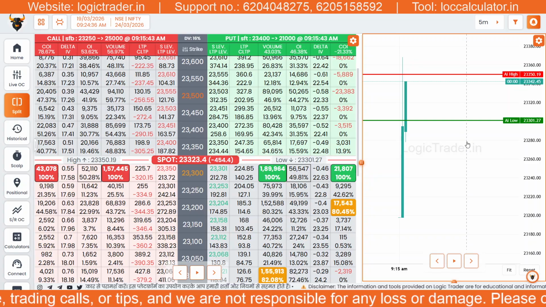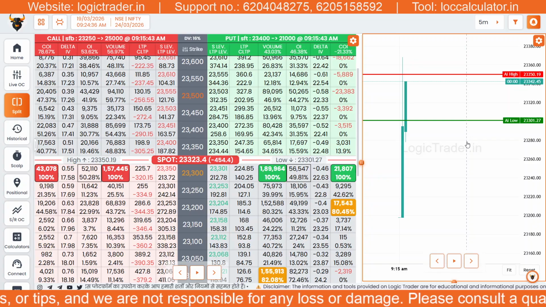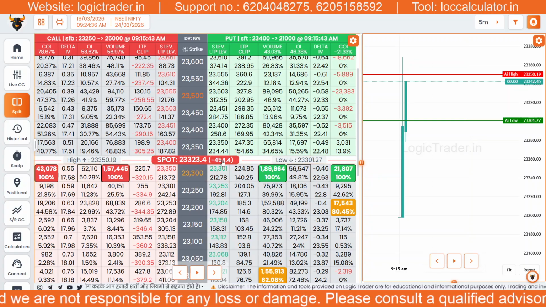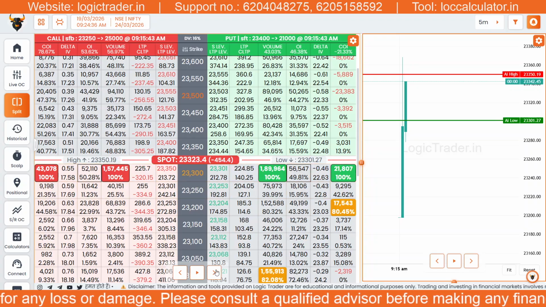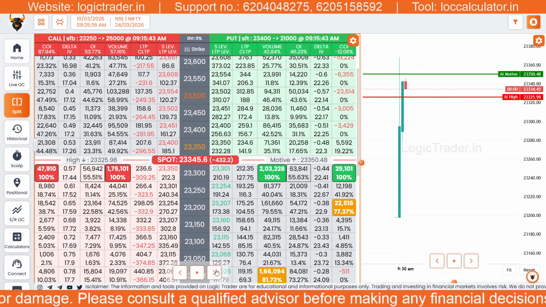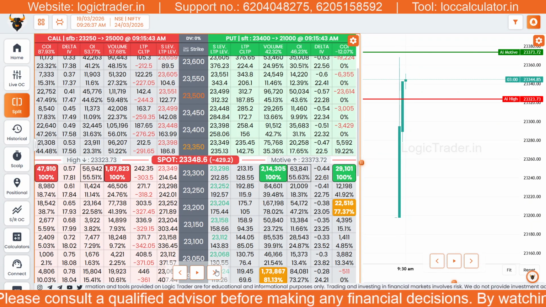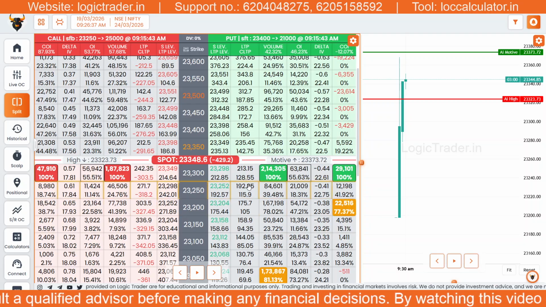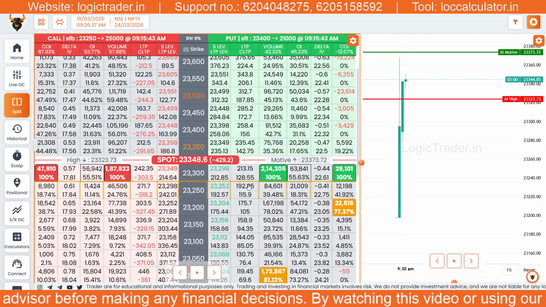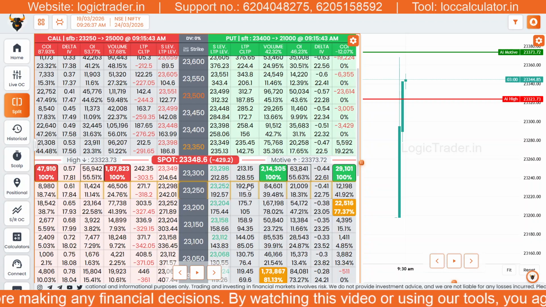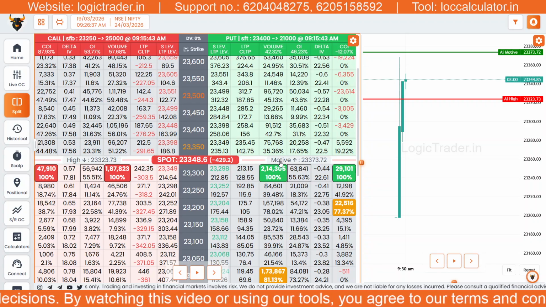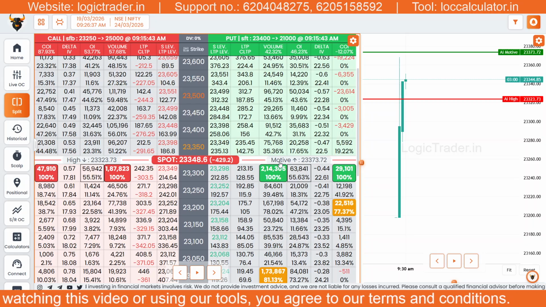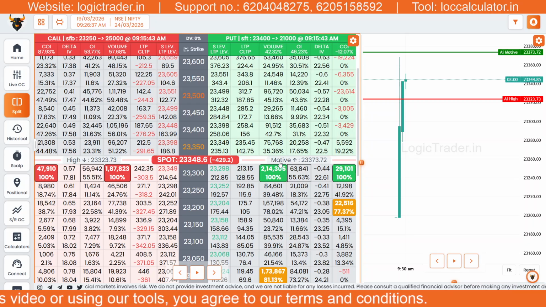Before taking any trade, the first step is to observe the Motive for at least 3 minutes. We need to confirm that if Motive signals appear on one side, it is stable and consistent, and not just a temporary signal that appears for a few seconds and then disappears.